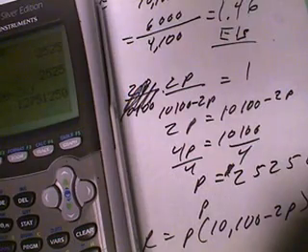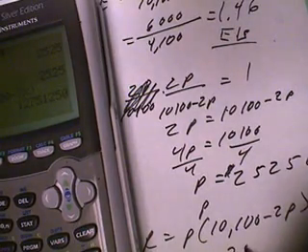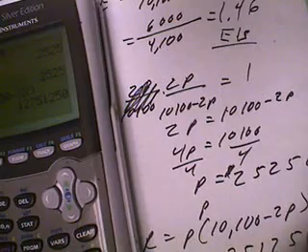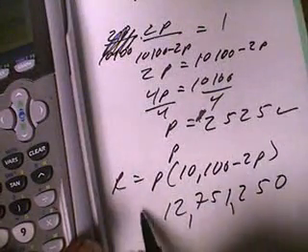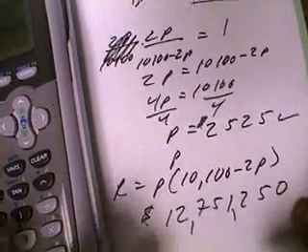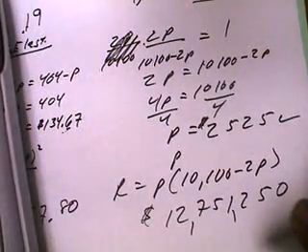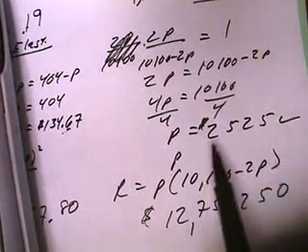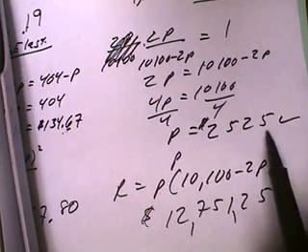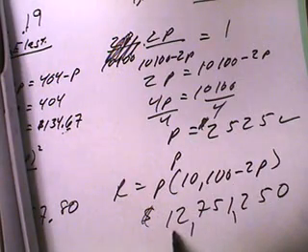And this gives us a revenue of 12,751,250, about $12 million. We put in the price of $2,525, which would bring us a revenue of about $12 million, close to 13.